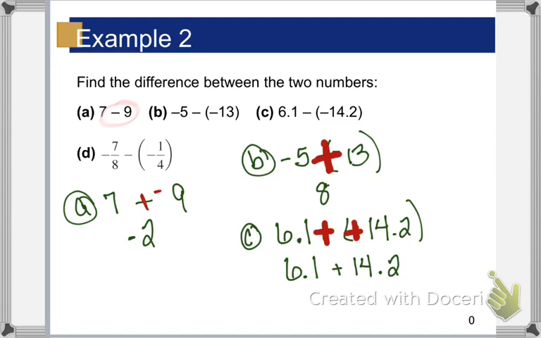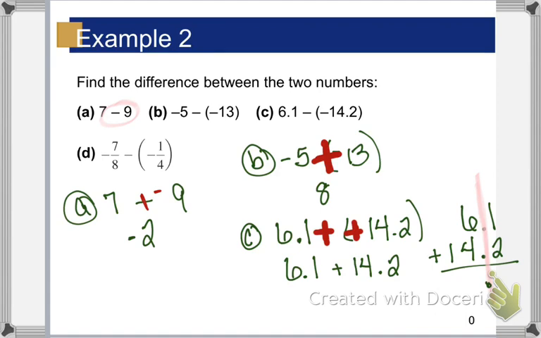You're not using calculators, so you have to remember how to add decimals. What's the important thing when I add decimals? What do I have to line up? The actual decimal. So I've got 6.1, or 6 1/10, and 14 2/10. It is 20.3. Okay? So you bring that decimal straight down.